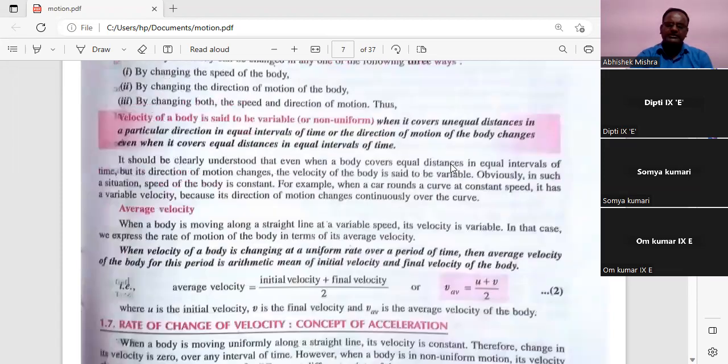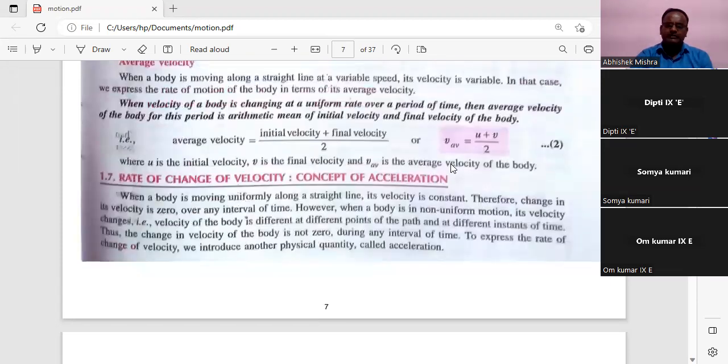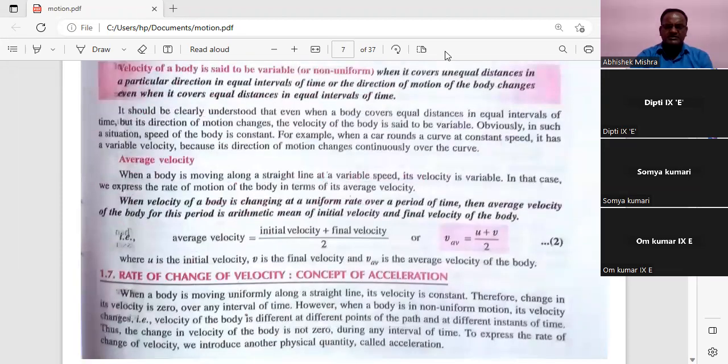Total distance by time taken? See, Soumya, this is the total distance. Average velocity we are asking. It is the arithmetic mean of the initial and the final velocity, that is, divided by 2. Okay? Yes, sir. Okay.